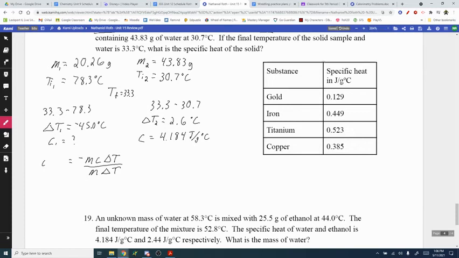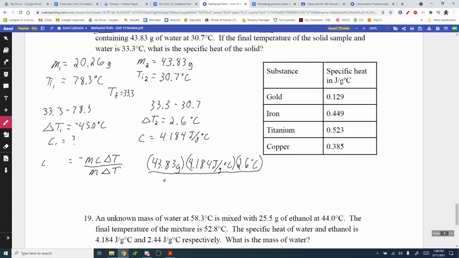Now we plug everything in. So we have 43.83 grams times 4.184 joules per gram degree Celsius times 2.6 degrees Celsius divided by our stuff over here.